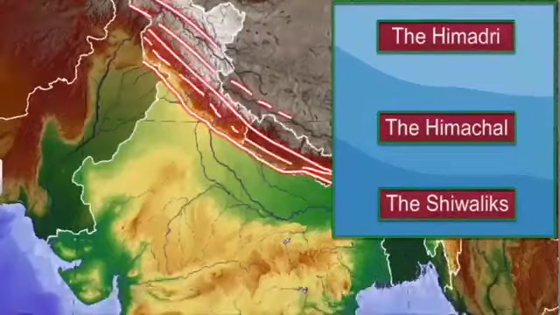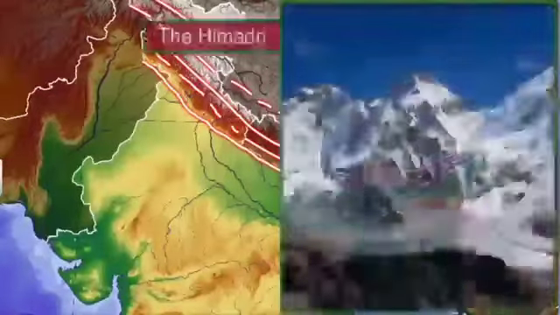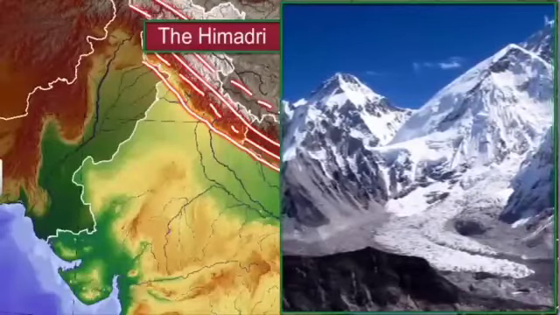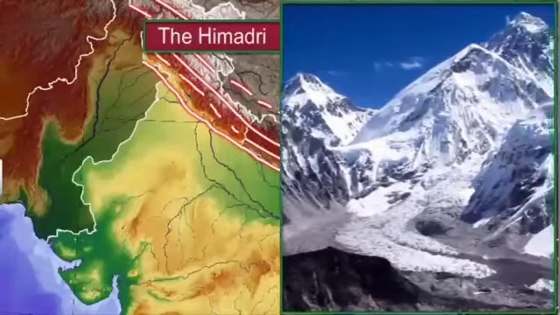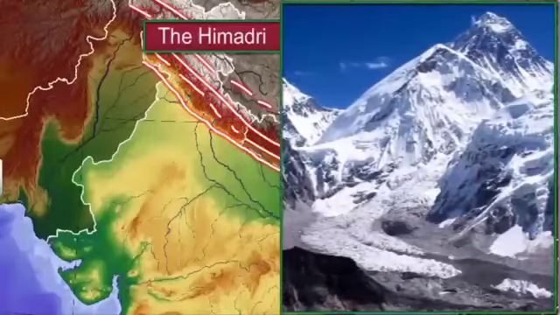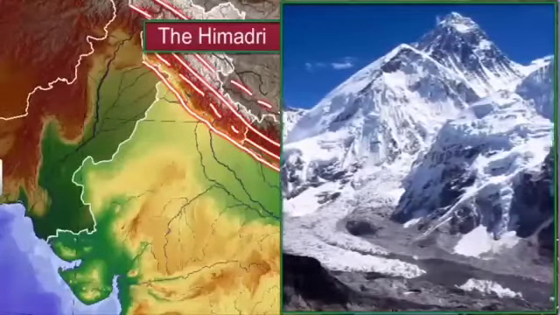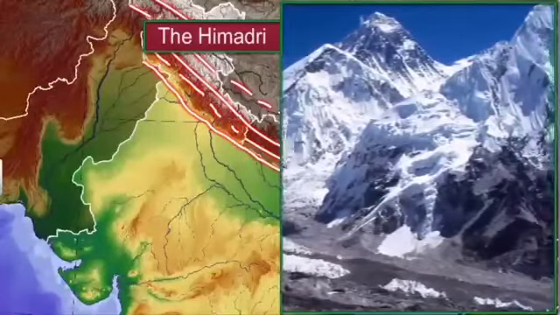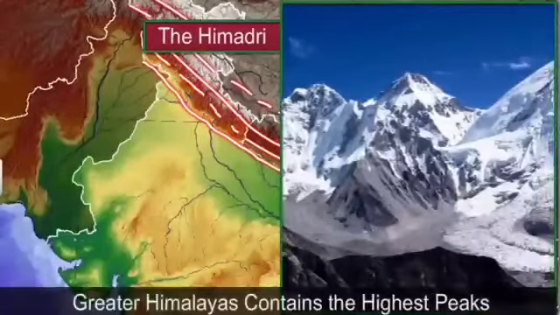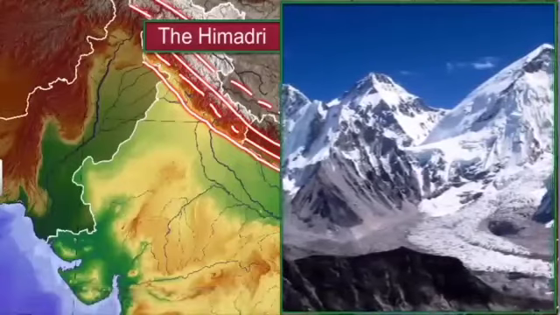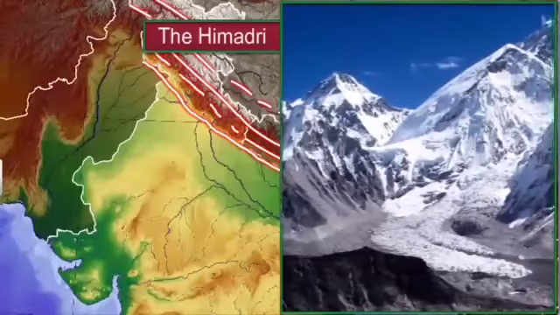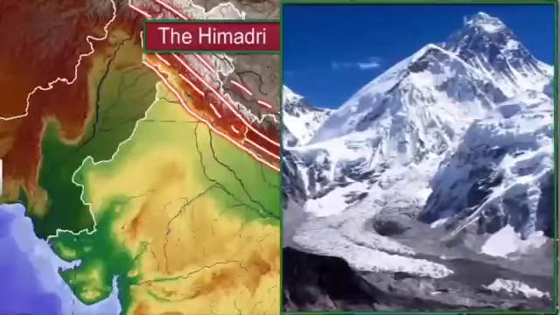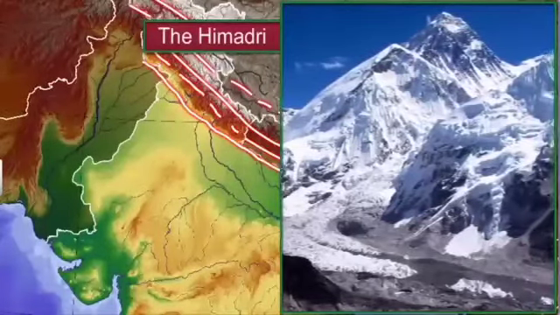The Himadri, also called the Great or Inner Himalayas, is the northernmost range of the Himalayas. This range is in a single, unbroken line and has the highest peaks. Considering that the average height of peaks in the Himadri is 6,000 meters, it is not surprising to note that the important peaks of the Himalayas are located in this range.